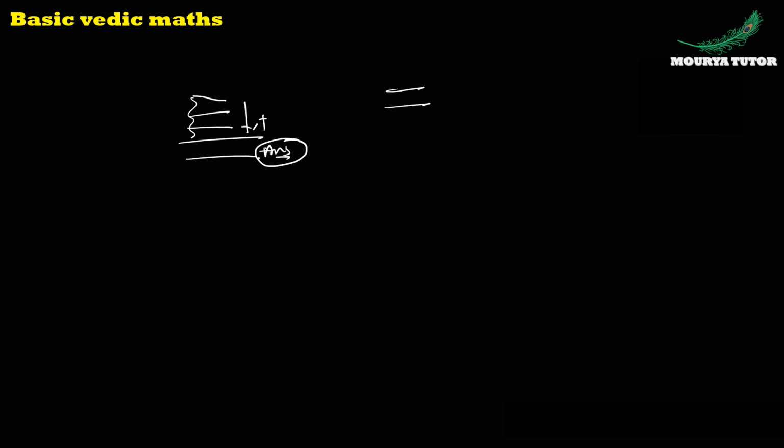Not only will we get the answer in a single line, but this method will also start giving the answer in the initial steps only. So that will be very helpful for students in competitive exams, because let's suppose there are 4 answers in the MCQ, and at the end of a numerical you have to multiply two numbers.